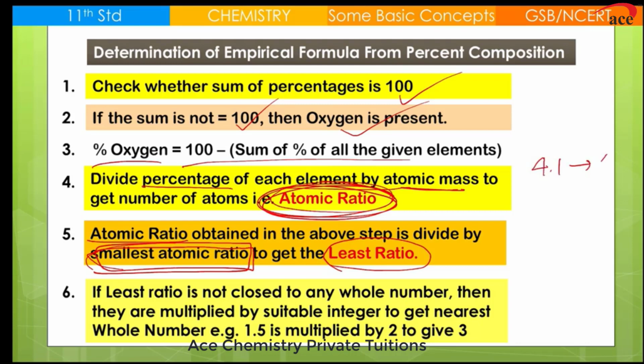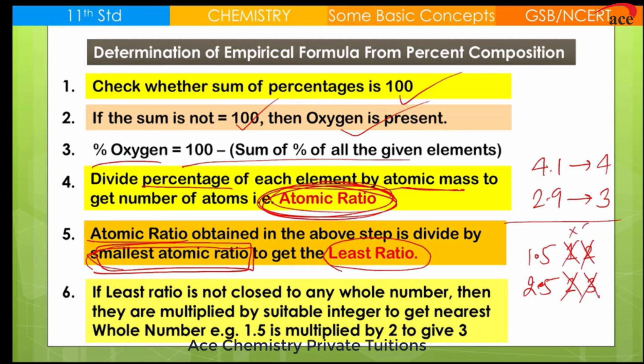Right, if in the least ratio you get 4.1, it will be taken as 4. If it is 2.9, it can be taken as 3. But imagine if one is 1.5, other is 2.5, then what? 1.5 cannot be taken as 1 or 2, 2.5 cannot be taken as 2 or 3. What we do?